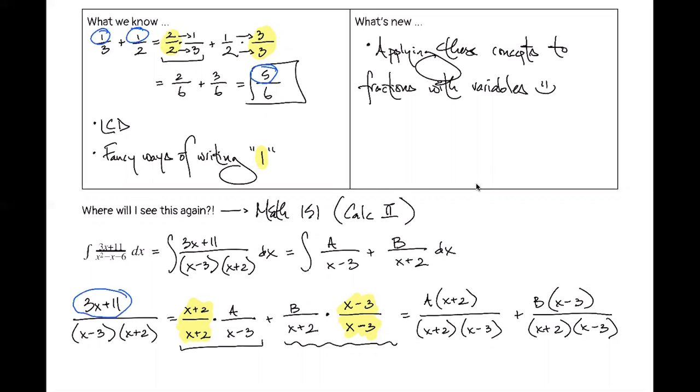That was after we combined our like terms and found our lowest common denominator, that's where the 5 came from. So David, to answer your question about what happened to the 3x plus 11, the 3x plus 11 came from some number times x plus 2 plus some number times x minus 3.